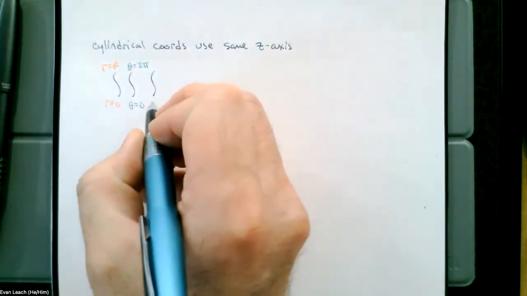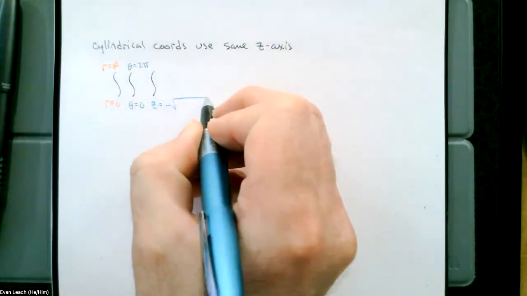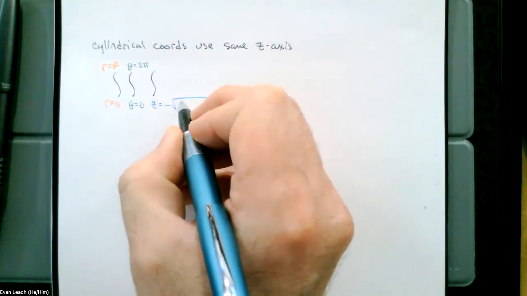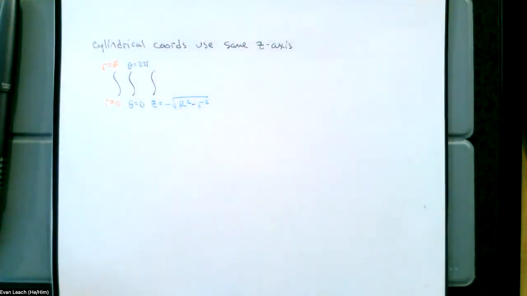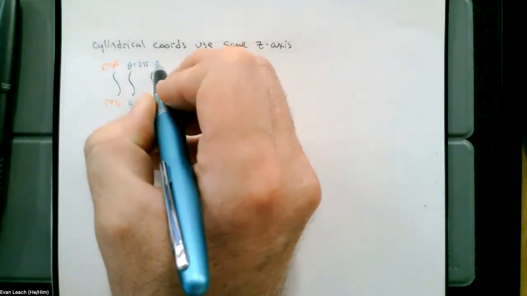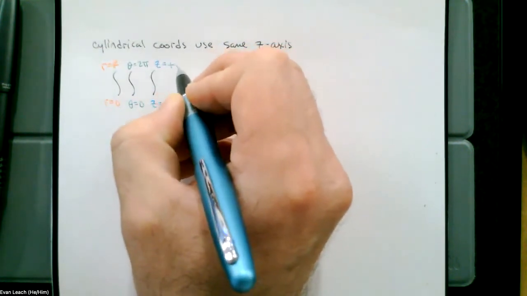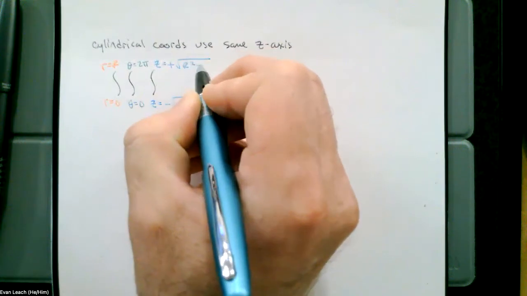Z goes from the negative square root. But I don't want to use x and y. I have to replace my x squared plus y squared with r squared, so I have to write things in polar coordinates. Well, cylindrical coordinates. But we're still going from the negative square root up to the positive square root.